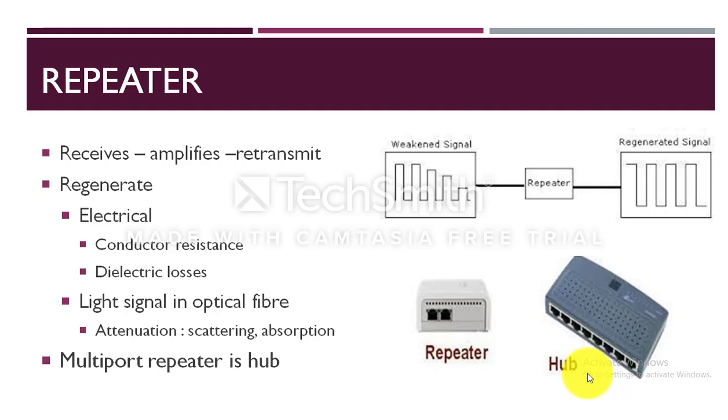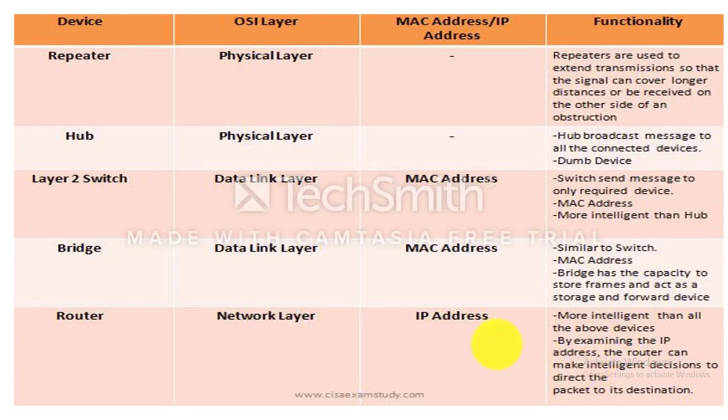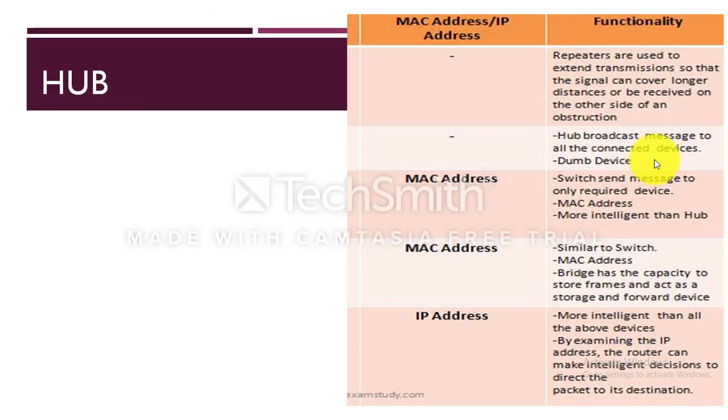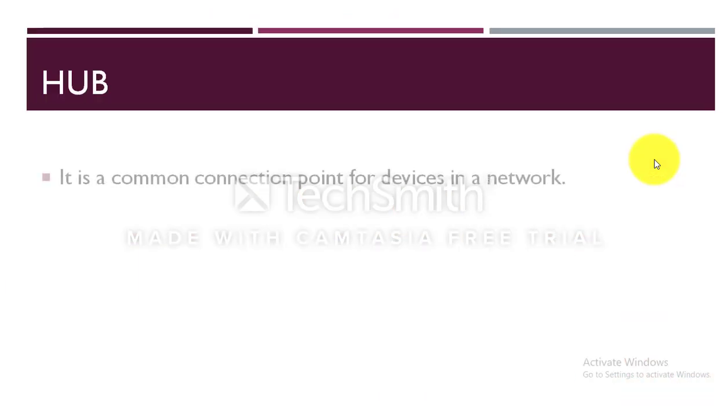Now, let us see about hub. Hub is at physical layer, and as physical layer doesn't have any address, therefore hub broadcasts messages to all the connected devices, thus known as a dumb device. Hub is a common connection point for devices in a network.